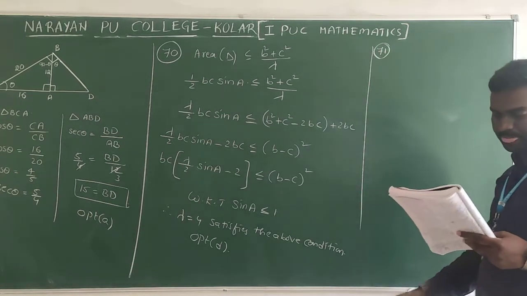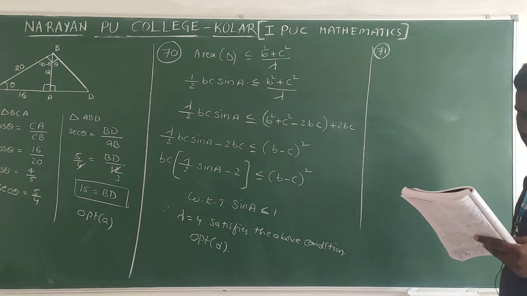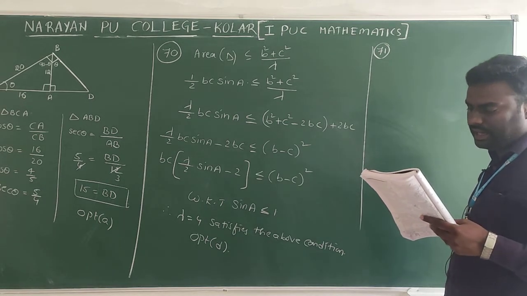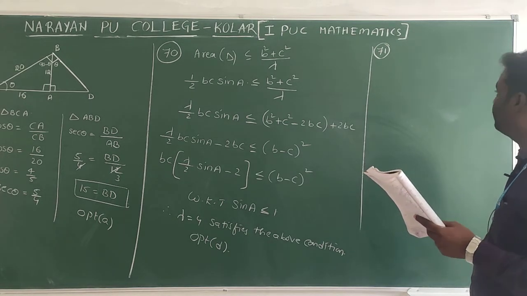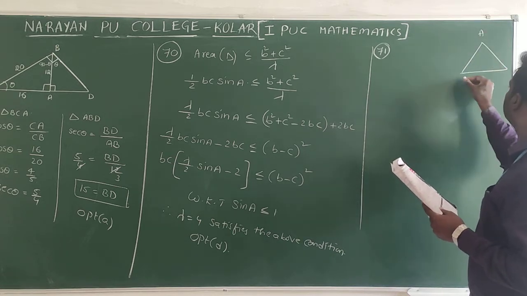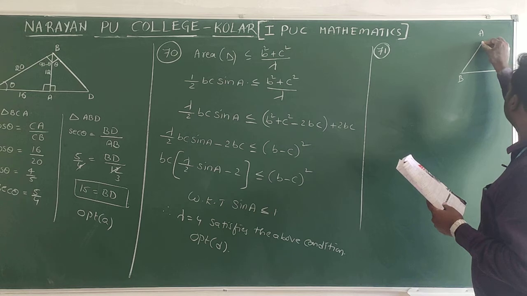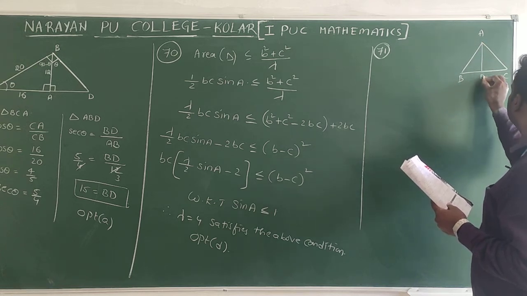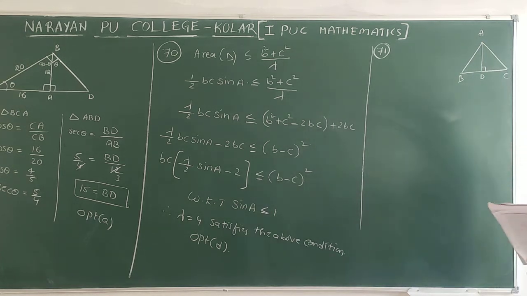Next, 71. In triangle ABC, AD is the altitude from A. It is not the midpoint, just perpendicular.